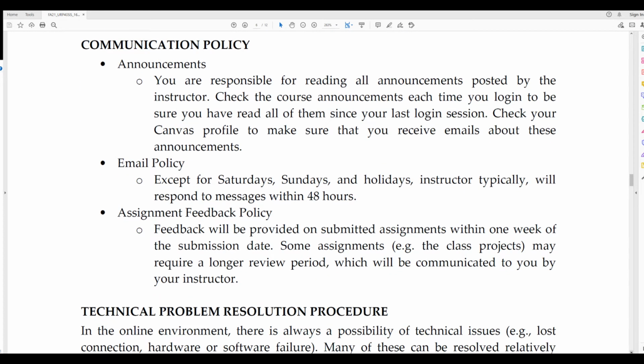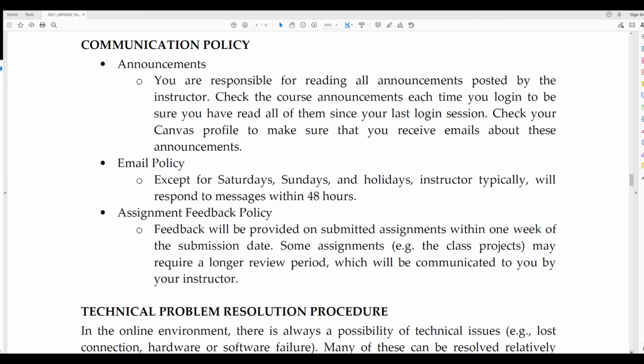And emails, if you send an email, I'll try to respond as soon as possible, mostly within 48 hours. And for larger assignments, usually it takes about 1 week, because this is a large class. Anything related to written assignments could take a little while for me to grade.